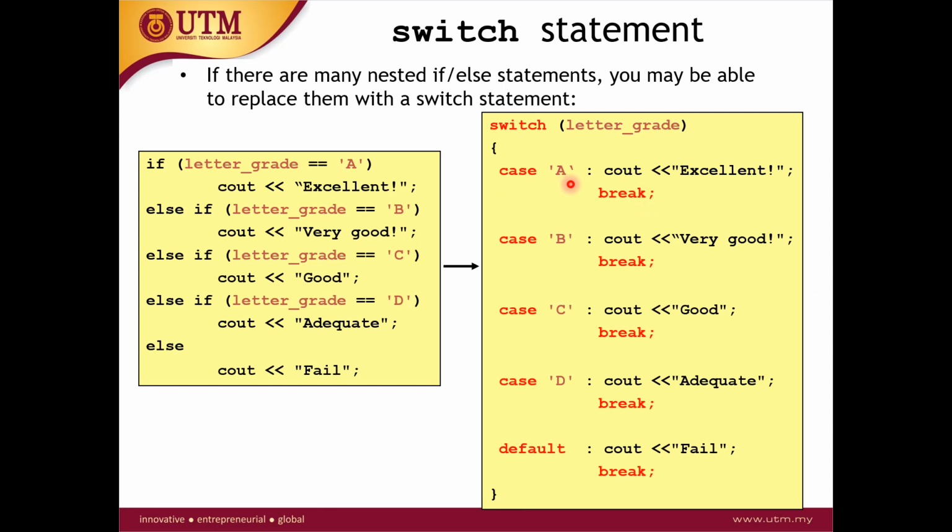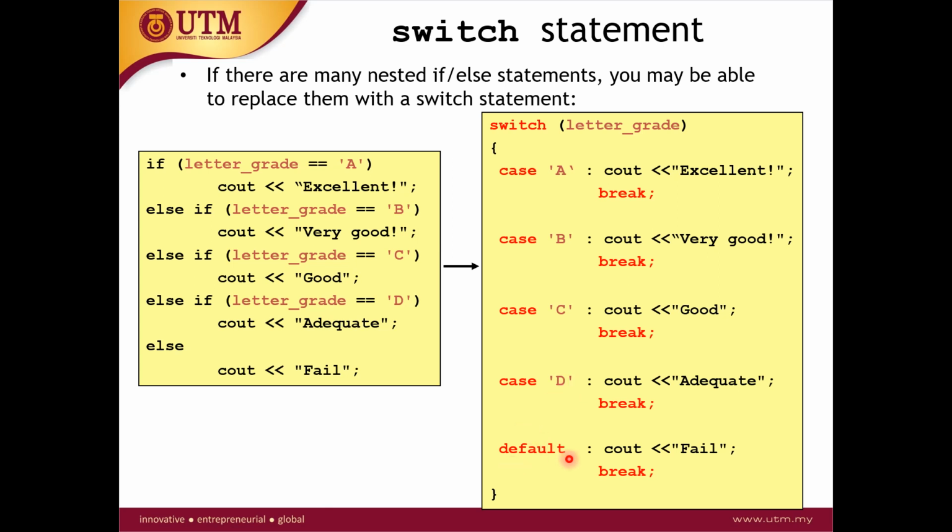But if the letter doesn't equal A, what happens? The switch goes to the second one, which is case B. If it doesn't equal B, it goes to the next one. Or if the value we are entering, or the value already given to the letter grade, is not A, B, C or D, it's another value, what's going to happen?